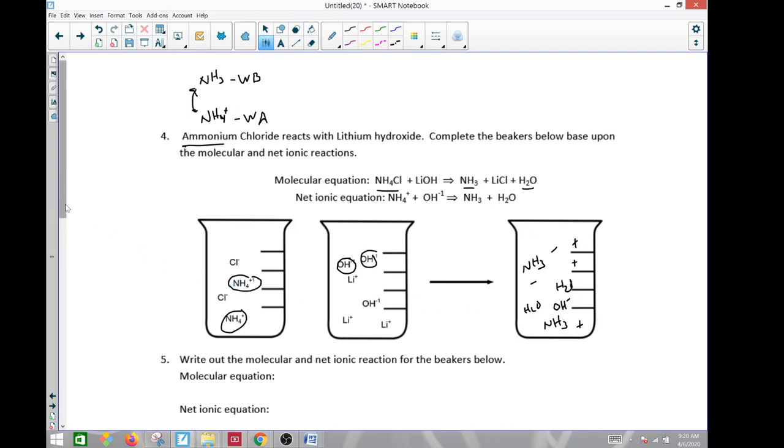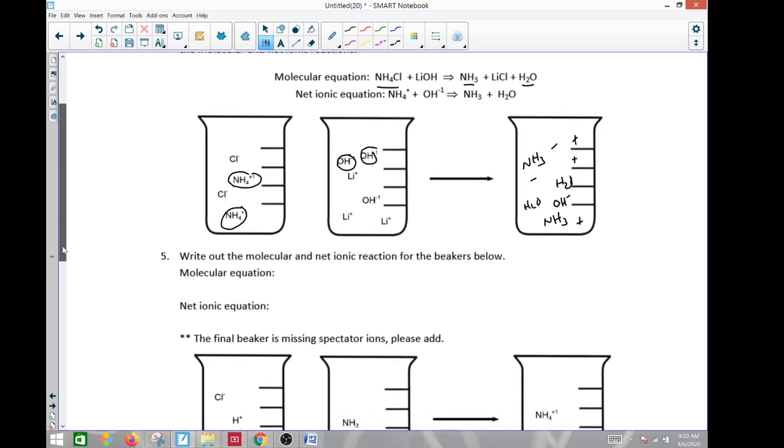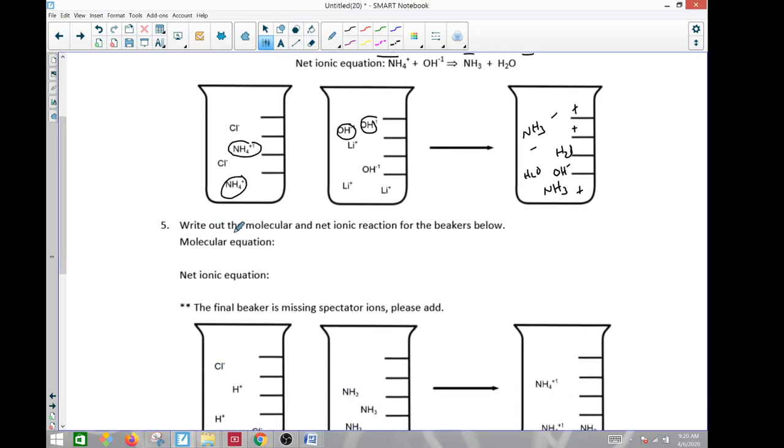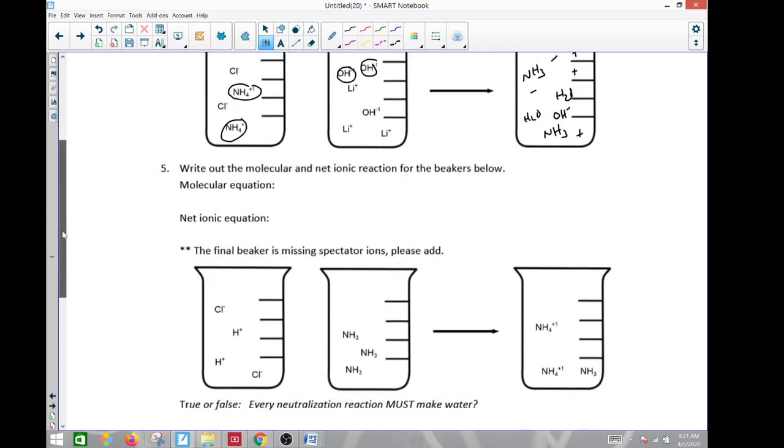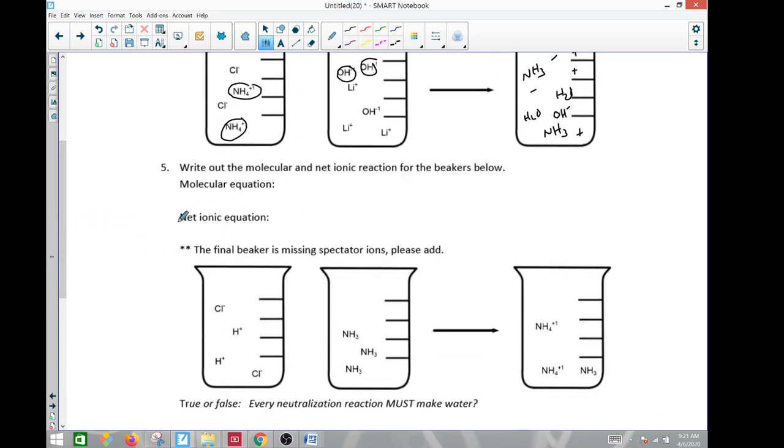All right, now write out the molecular reactions for the beakers below here. Okay, so now let's reverse this process again. Let's see what we got here. We have an ammonia grabbing onto an acid to form ammonium, and I have another ammonia grabbing onto an H plus ion to form another ammonium.